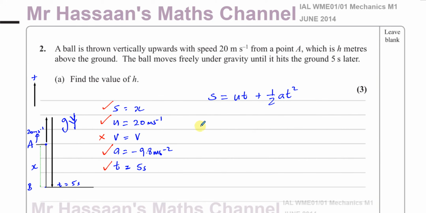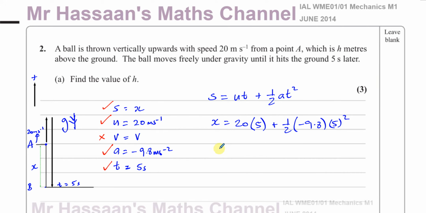So now we know we've got to find what the S is, we call it X here. U is 20, T is 5, plus a half times A, which is negative 9.8, times 5 squared.